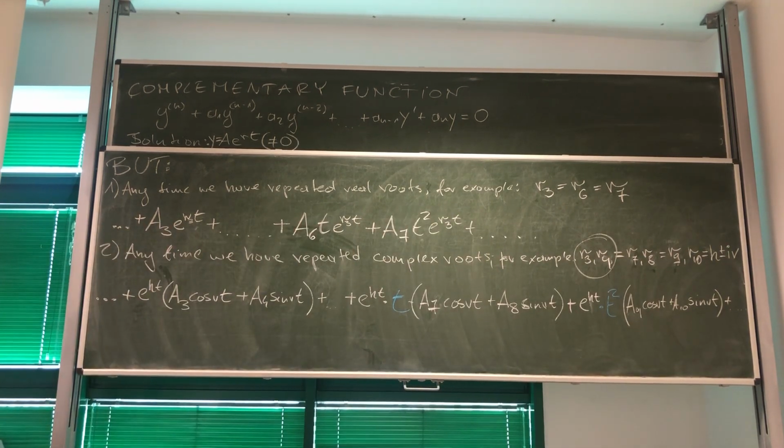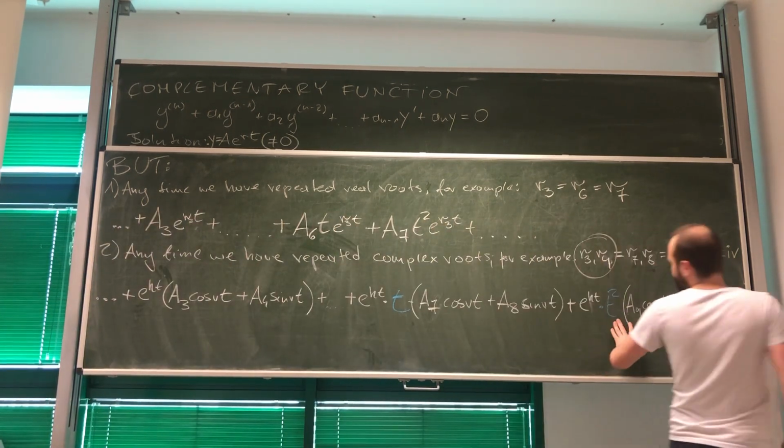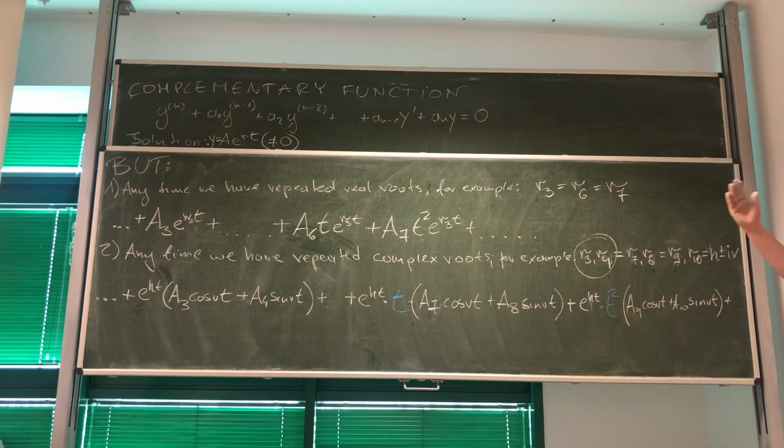So the basic trick here is to add those t's with bigger and bigger power to each repeated set of conjugate complex roots.